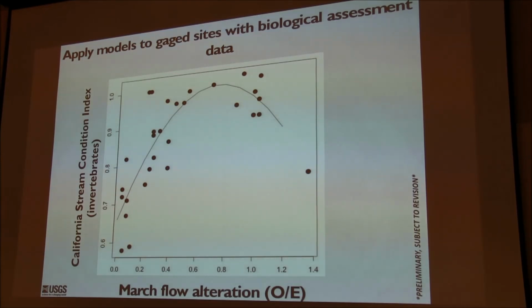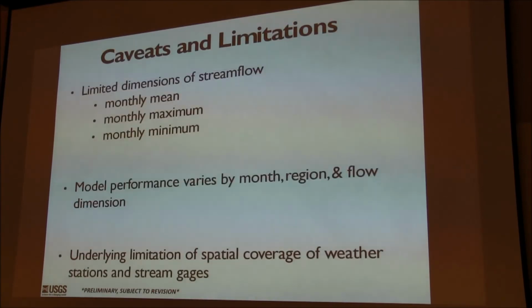And as you see, one is the value on the x-axis where the flows are closest to what's assumed to be there naturally. Those are the same values that produced the highest California Stream Condition Index, or stream health value, as well. So a pretty good fit there.